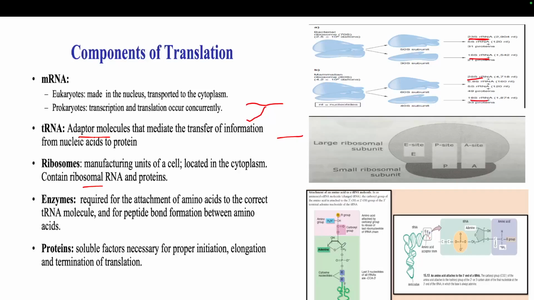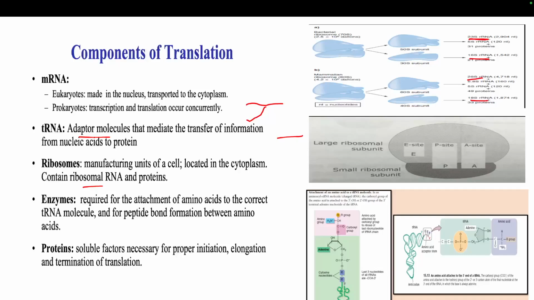And this is the structure of tRNA. In the lower portion is the anticodon position, which has complementary base pairing with the mRNA codons.